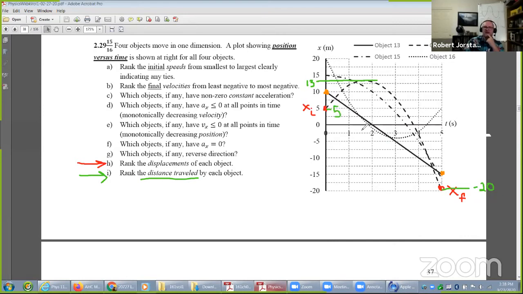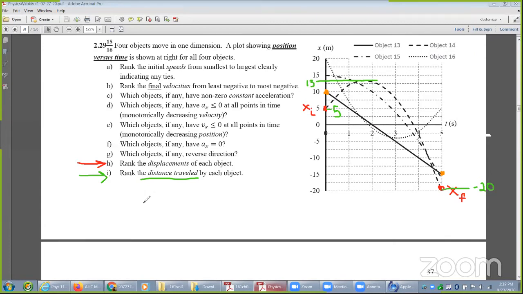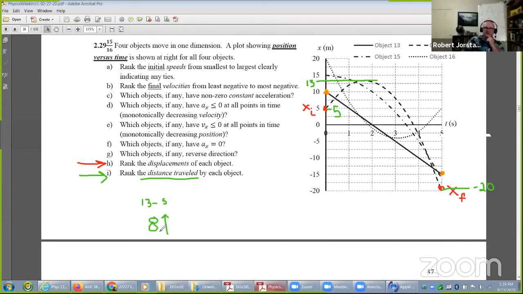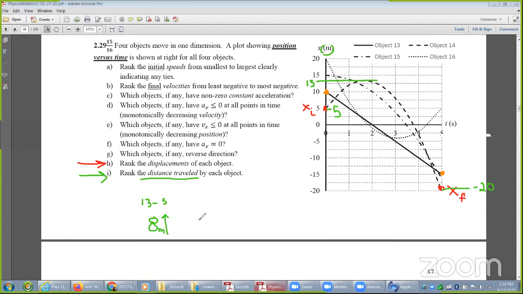So based off that, Esteban, give me the distance and explain how you're getting it. So it would be 13 minus 5, which is 8. So the bottom went 8 up. And are you okay if I put the meters only on the last part of it? Okay. Yep. So it went 8 up.